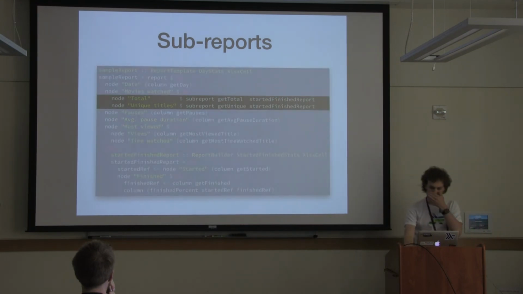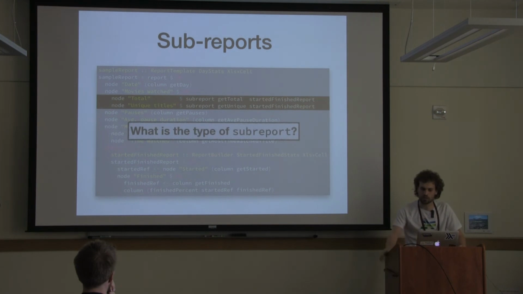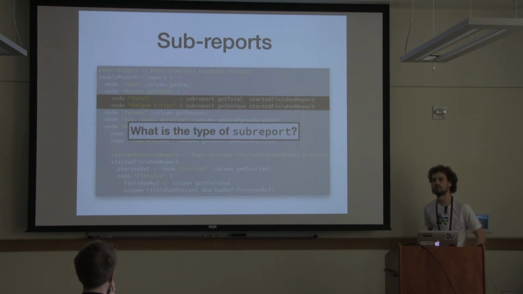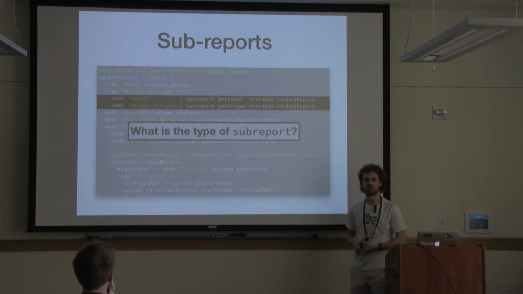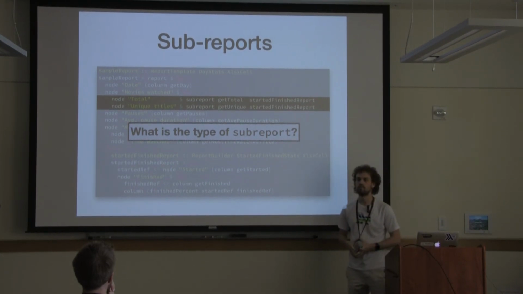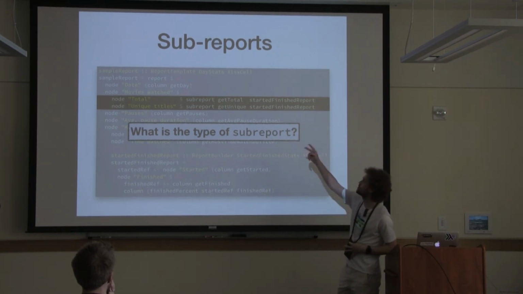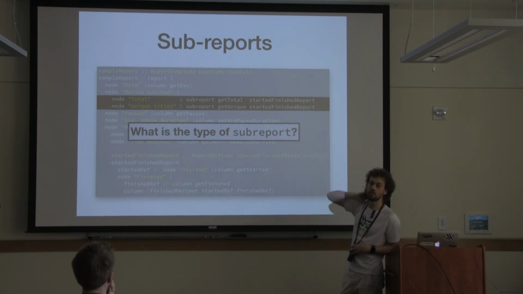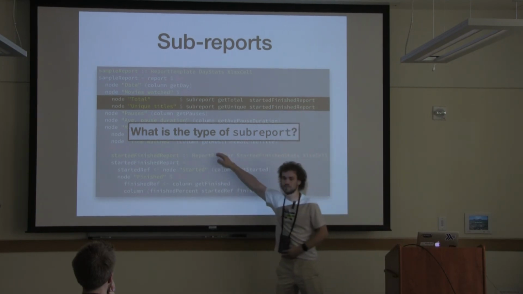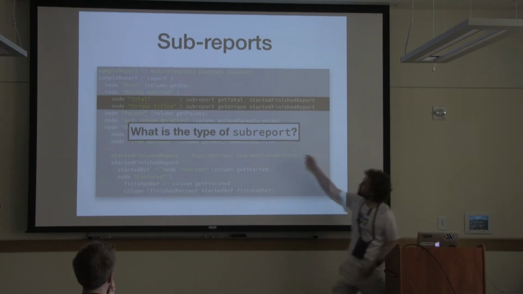Okay, so then a question to you is what's the type of subreport? Can you see what the type is? Report. So it takes two arguments, right? So the first argument is. Oh, sorry. I thought you meant the return type. No, the return type is the report builder. Yes, that is correct. And this thing we know is a report builder. Right. So there's also another argument here.